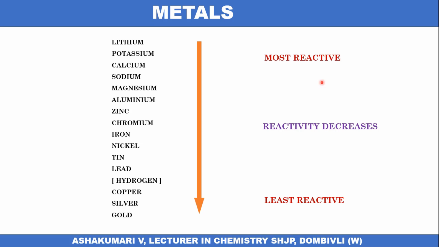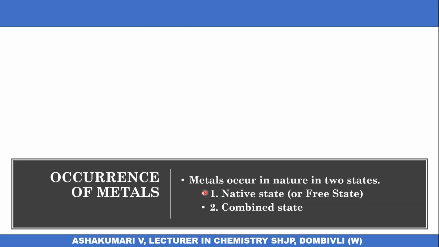Metals which are reactive combine with other elements and always occur in the form of compounds. Hence, it is clear that metals occur in nature in two states: native state and combined state.